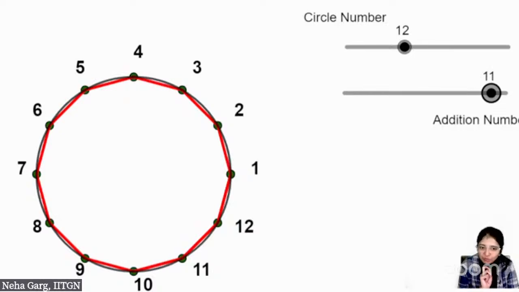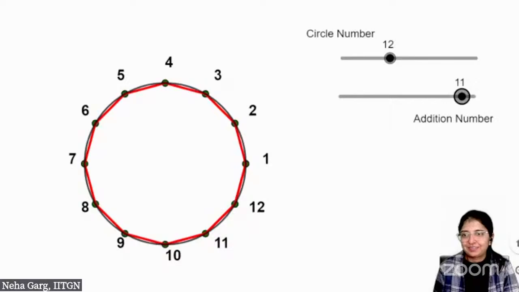Please try to figure out if there is any pattern that you can see. What is the same between the types of shapes that you have got? What is different between the types of shapes that you have got? And if there is any pattern that you can observe, try to find that. If you have any observations, please put them in the chat.